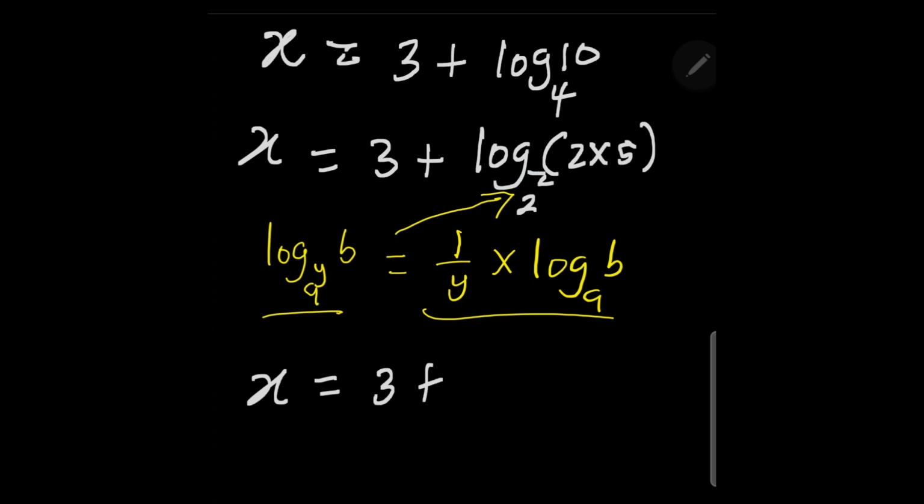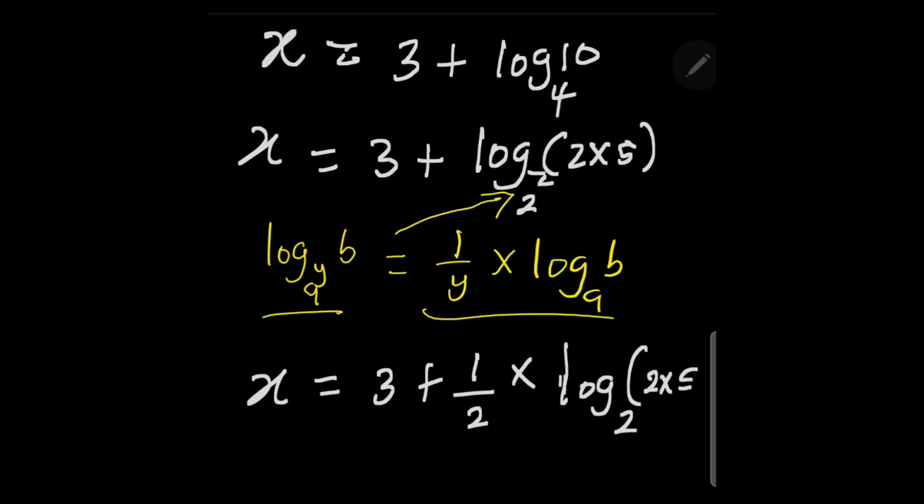As you can see, this y represents 2, and here we have 1 all over y, which is 1 all over 2, then multiplied by log of b to the base of a. What is our b here? Our b is 2 multiplied by 5. So this is going to be log of 2 multiplied by 5, then to the base of 2. You understand? So this is the transformation from this form into this form.